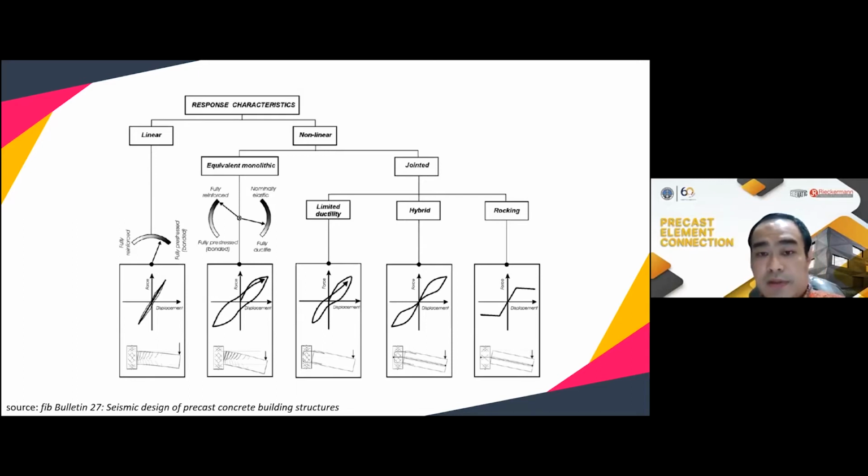For jointed systems, we have three types. The one with limited ductility will have a force-displacement characteristic like this. For the hybrid, we have the self-centering behavior here with no residual deformation. And the rocking system is basically similar to the hybrid system without the energy dissipation capacity.